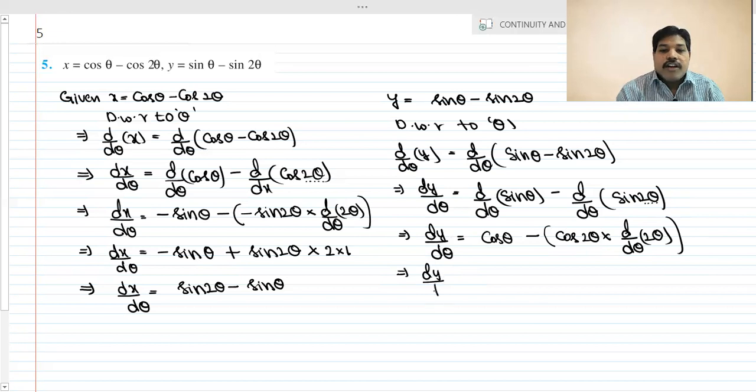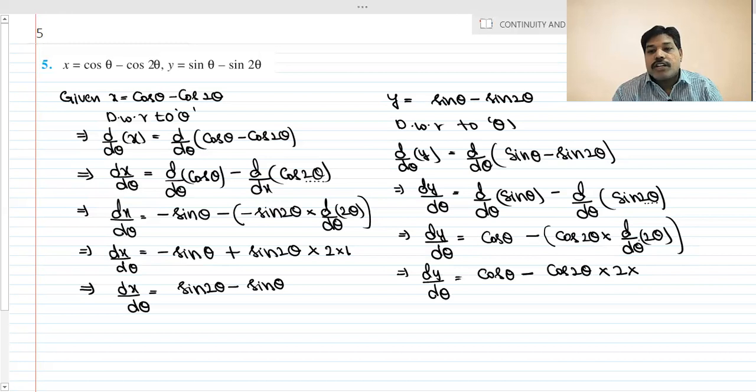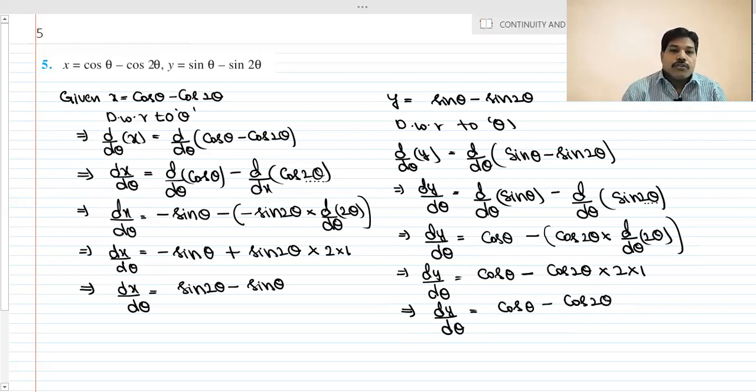That implies dy by d theta is equal to cos theta minus cos 2 theta into 2 into the derivative of theta with respect to theta. That value is 1. So finally, you can write dy by d theta as cos theta minus cos 2 theta.